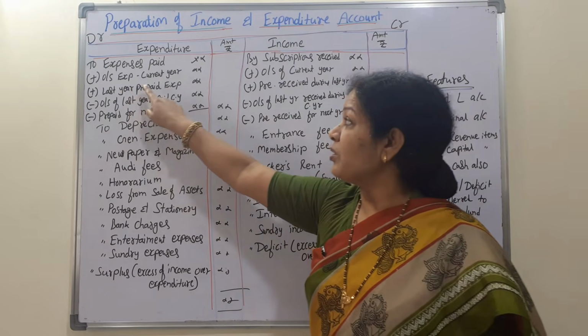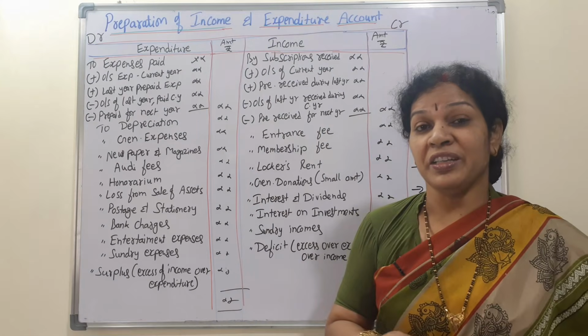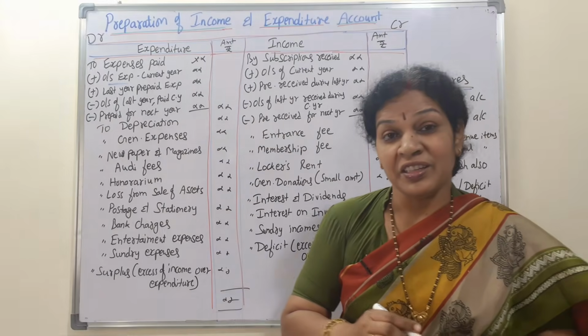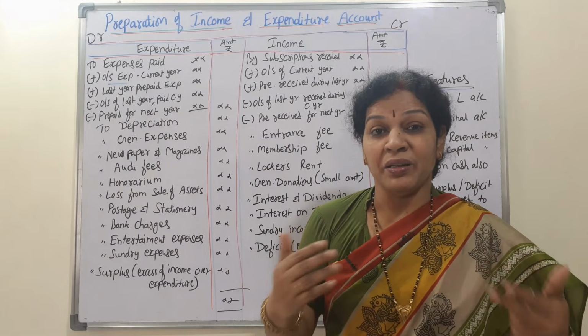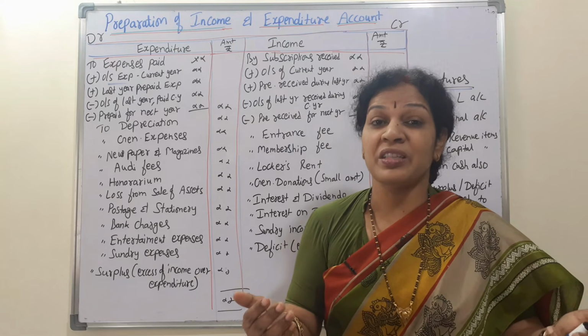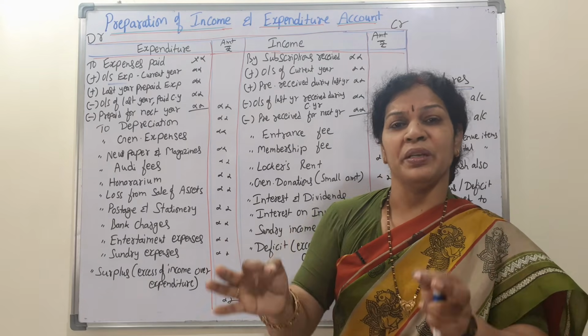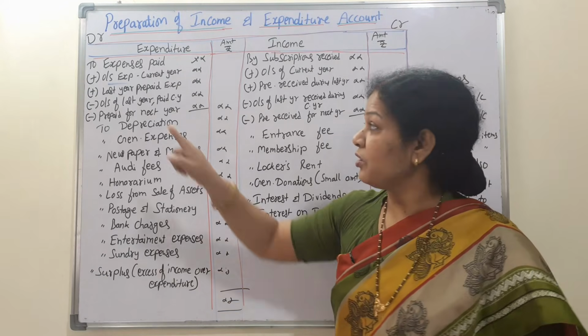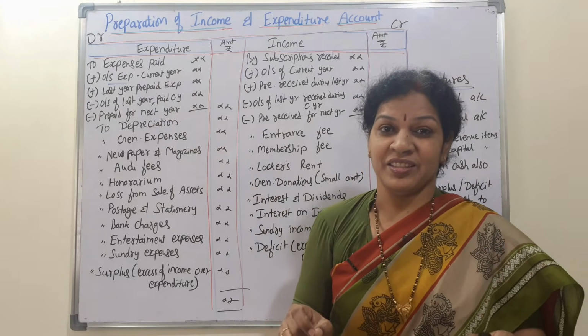First one is outstanding expenses of the current year. Outstanding expenses means present year payable; we have to pay, related to the current year only. That is why we have to add this.